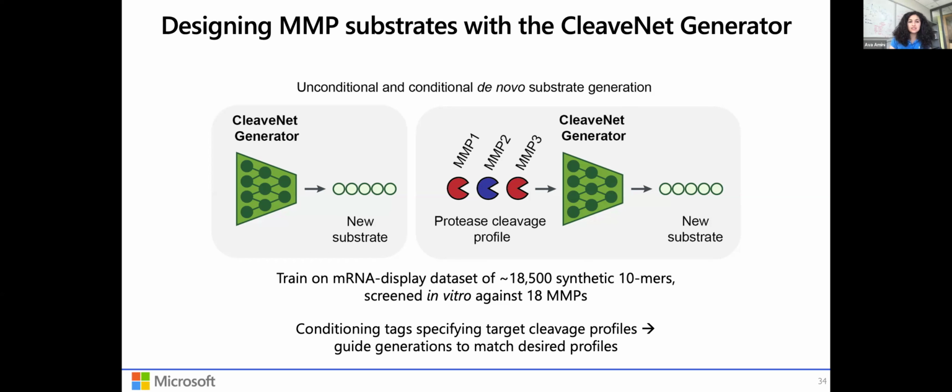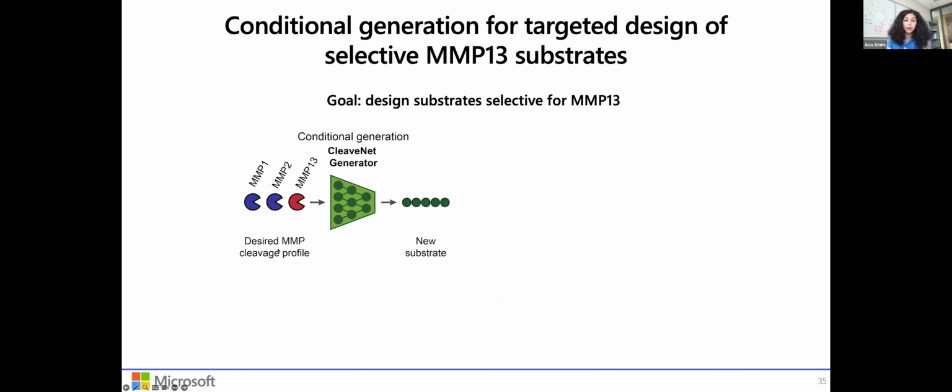And so in practice, the final CleaveNet generator is trained half of the time unconditionally without a conditioning tag as input, and the other half of the time conditionally using a vector of 18 cleavage Z-scores as an input conditioning tag. And so what this enables is a really powerful capability at inference, right, where now we can guide generation towards a target cleavage profile.